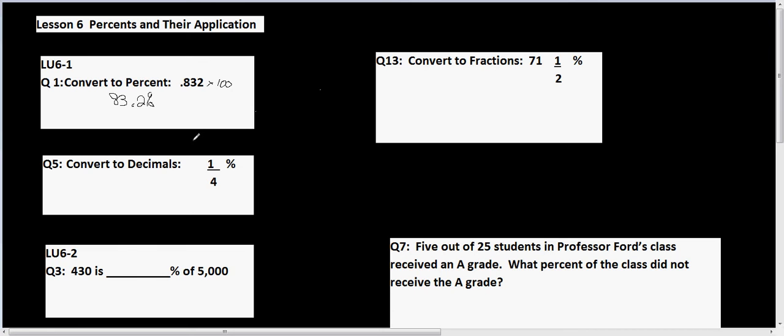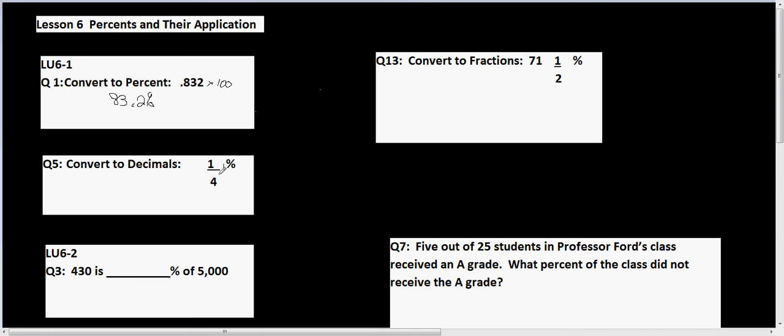Okay, let's look at something that often gets people in a bit of trouble: converting a fraction to a decimal. In this particular case, we have 1/4%. That's not a quarter of some number like 10 or 20. It's a quarter of 1%. So what do we do?